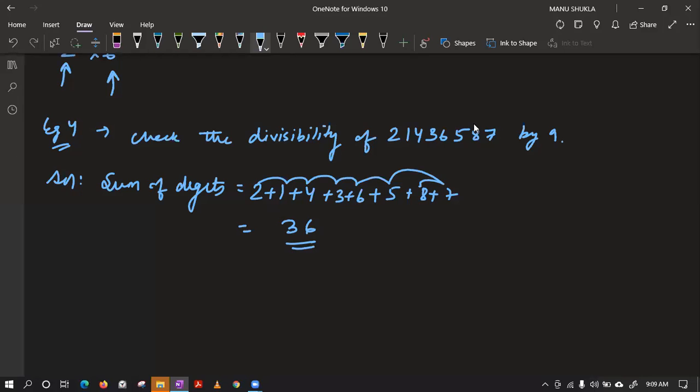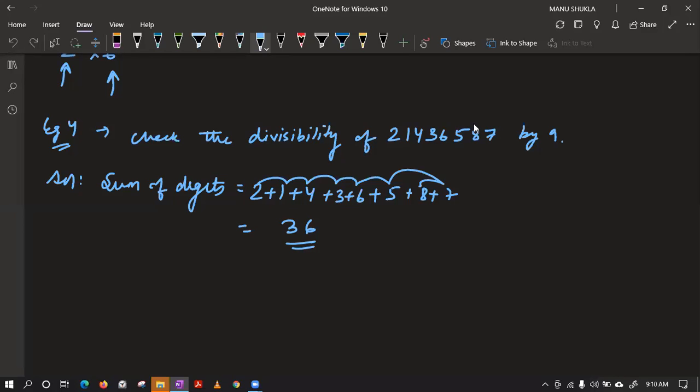So those who were saying not divisible, please check what you have done. The rule of 9 was very simple. You have to add all the digits and you have to confirm if the sum is divisible by 9, then the number is also.